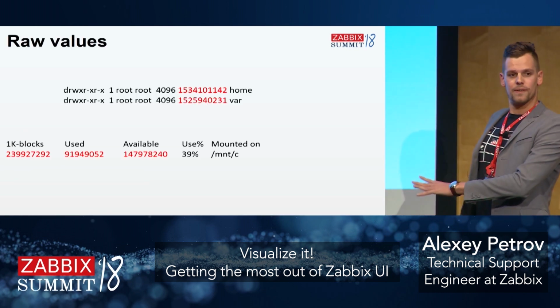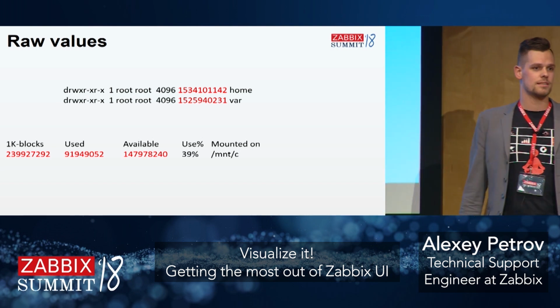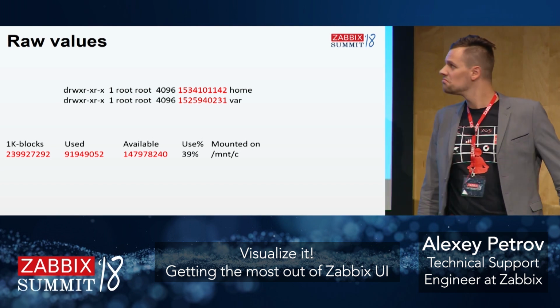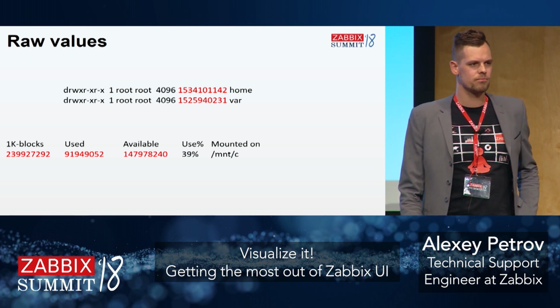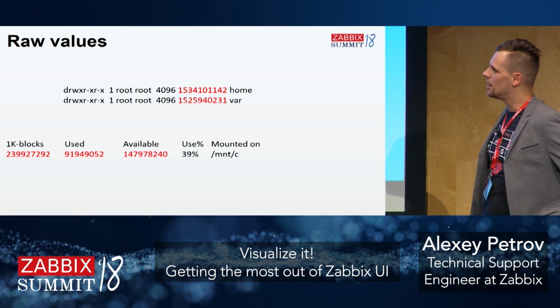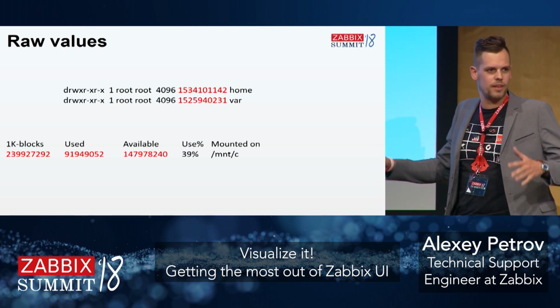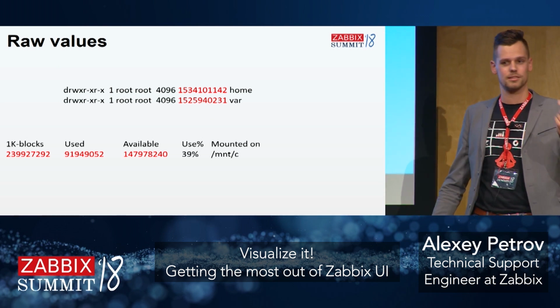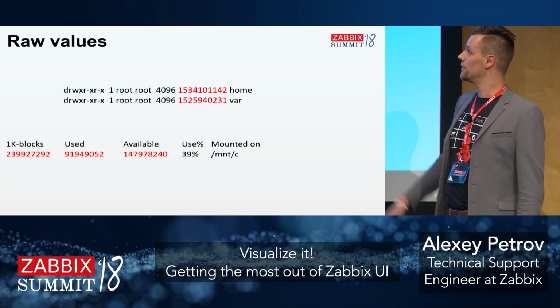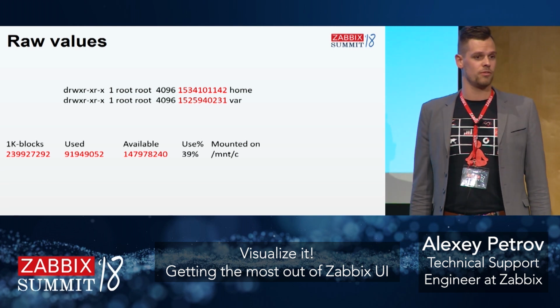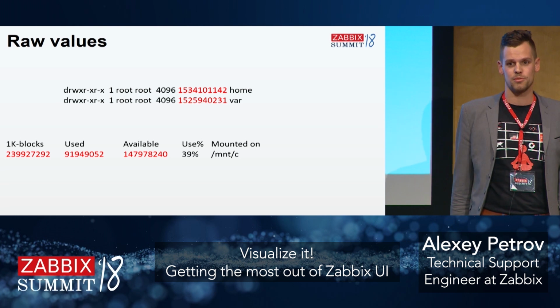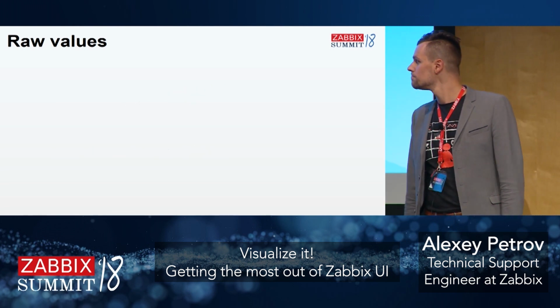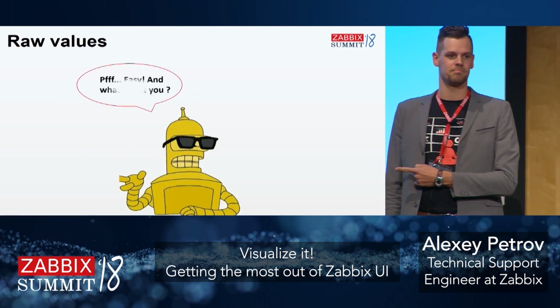So those are the raw values you can get from basically any Linux system. Can you read them? I believe yes, you can say 1 million something, but nobody can, at least right now, in a single click, transfer the Unix time to a human-readable format in the Latvian time zone. He can.